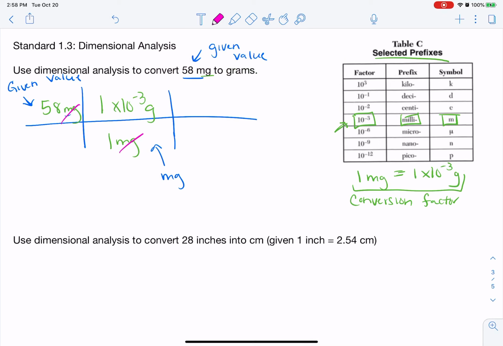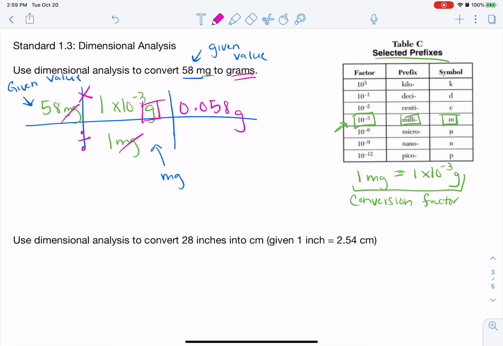And so the unit we're going to be left with here is grams, which is what we wanted. Okay, so now we're going to multiply by the top and divide by the bottom. So in this case, we're going to say in our calculator, 58 times parentheses 1 times 10 to the negative third, close your parentheses, divided by 1. And we're going to get an answer of 0.058 grams. And that's our final answer. So in this situation, we put our given value in the top left.